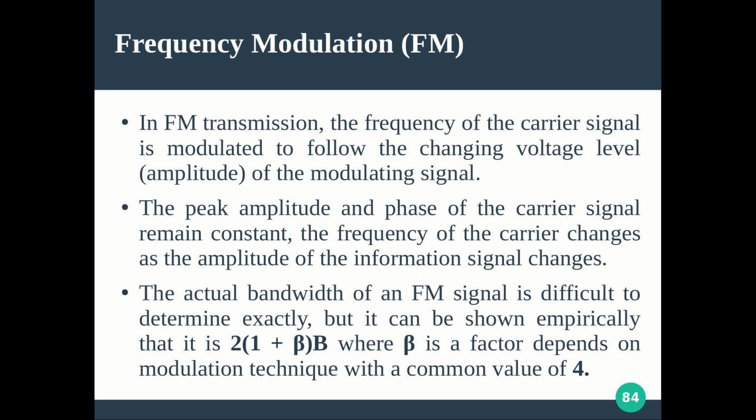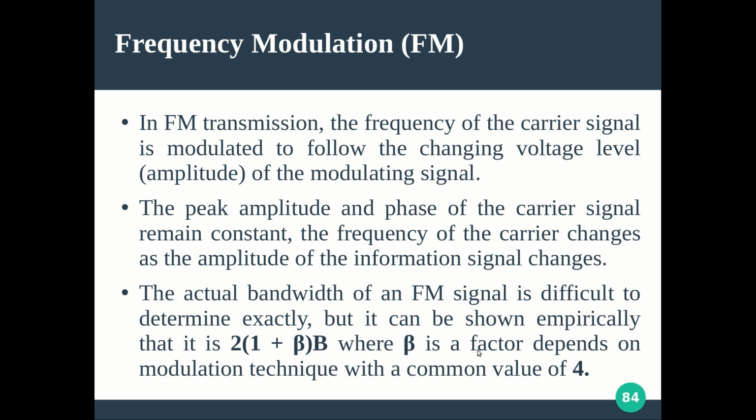Similar to that, in frequency modulation, when we take the frequency domain representation, you can see that the spectrum width of the frequency modulated signal is found to be 2 times, just like amplitude modulation, 2B, but we have an additional factor, that is 1 plus beta.